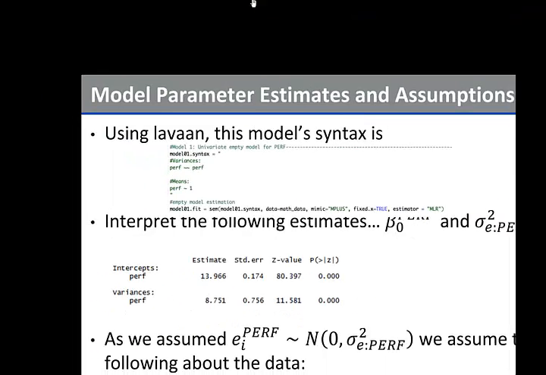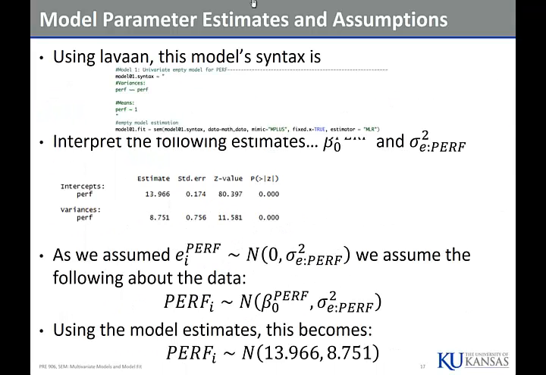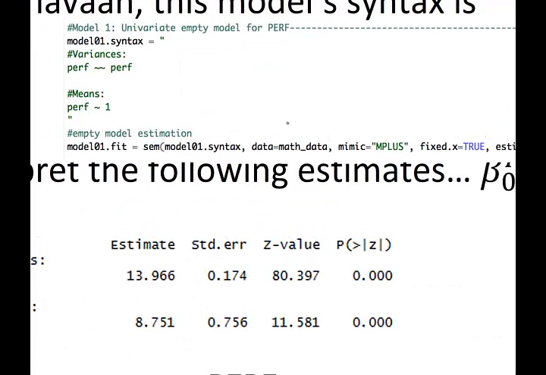I've given you some. Once you create this whole quote, this whole string, model01.syntax is just the string itself. It's not the analysis. You take that variable and you put it into this function, this sem function. Leave the options as you see here. We don't need to get into those just yet.